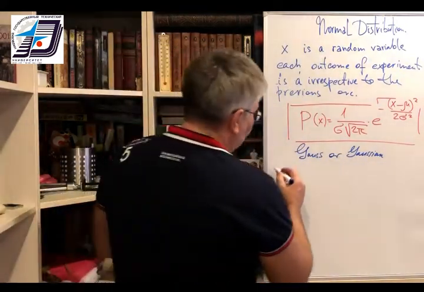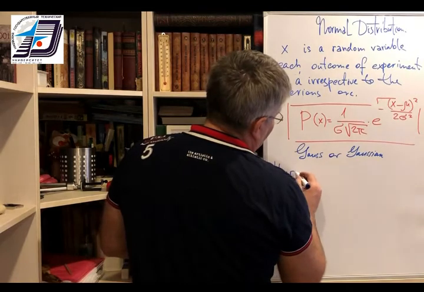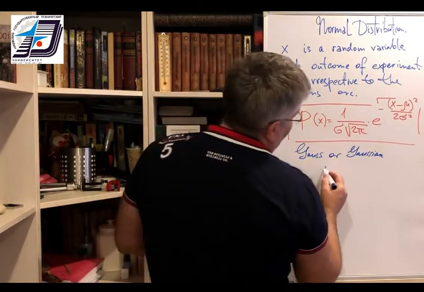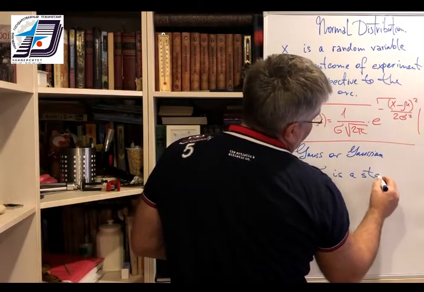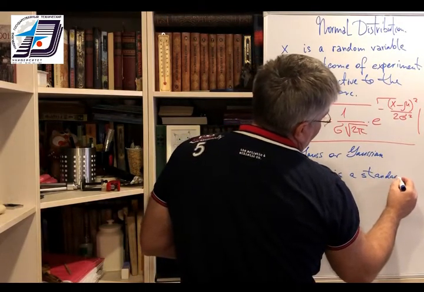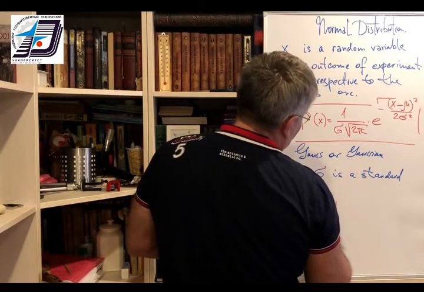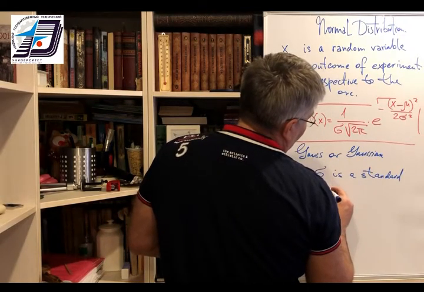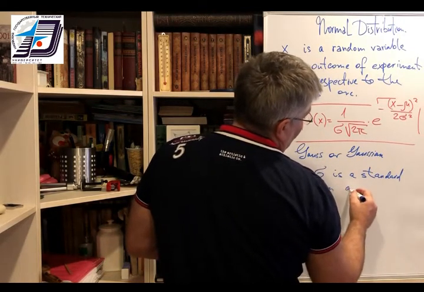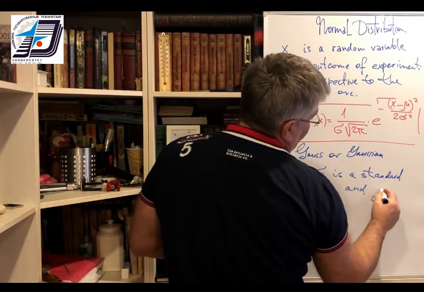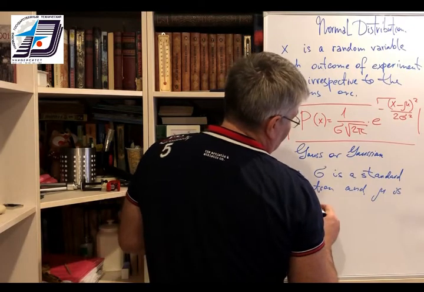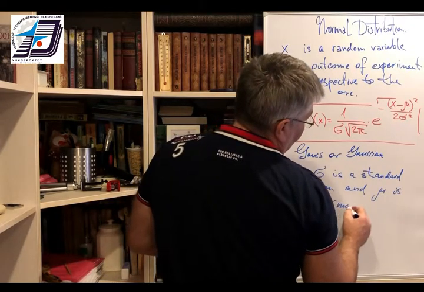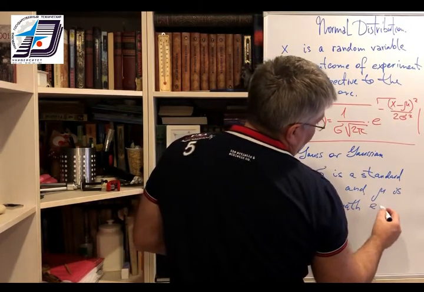Here sigma is the standard deviation and mu is the mean, or mathematical expectation.